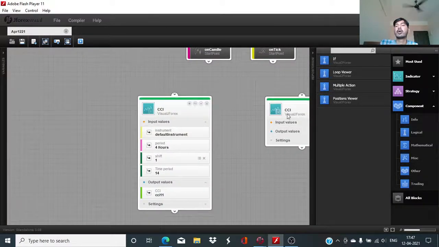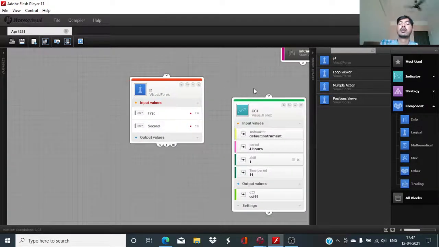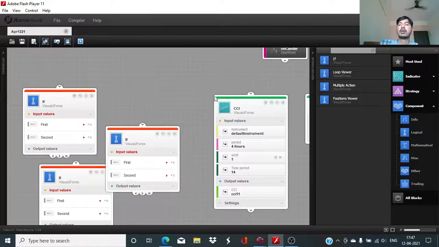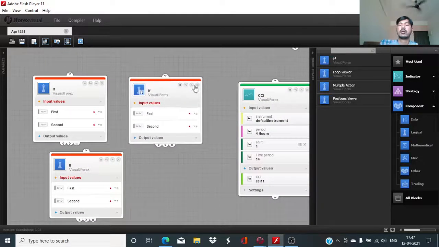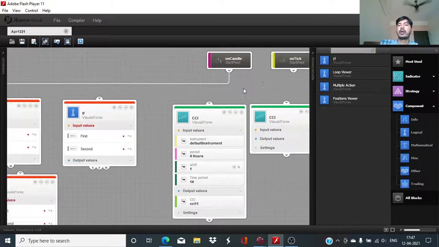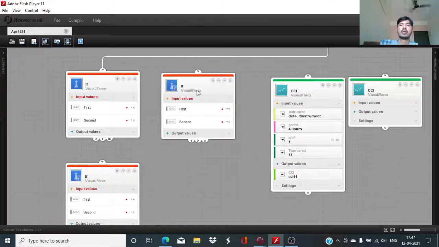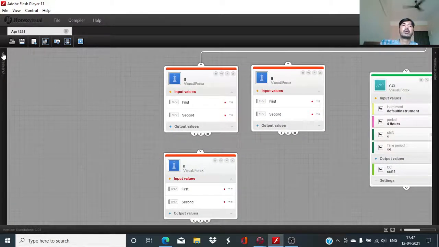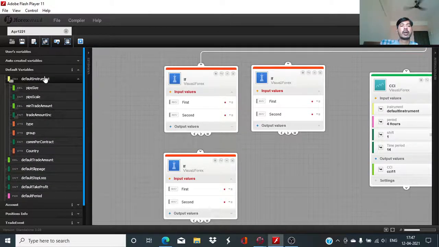Okay, one more CCI block. If, we will be using on candle as our start point. And as is the customary practice, we first have to carry out the instrument subscription, which we will do fairly swiftly.